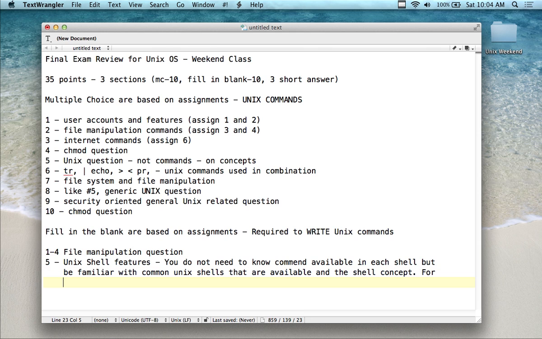For example, Perl could be considered a shell. That was actually assignment number 1, I believe. Yeah, in assignment number 1 you explored shells. It's an assignment number 1 question.